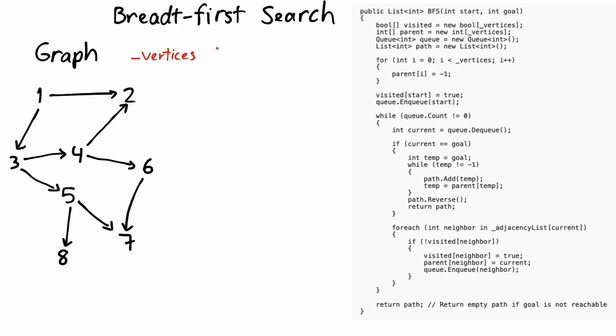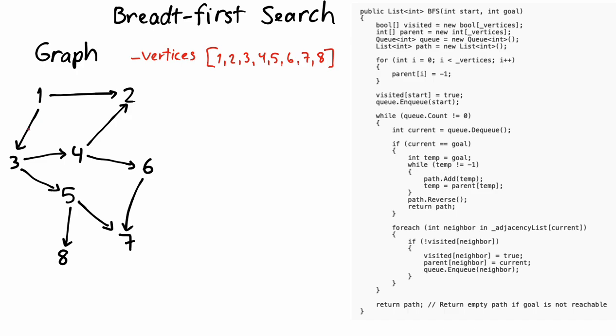So at first we have an array where we have 1, 2, 3, 4, 5, 6, 7, and 8. And we also have this adjacency list, but we are not going to present it here.